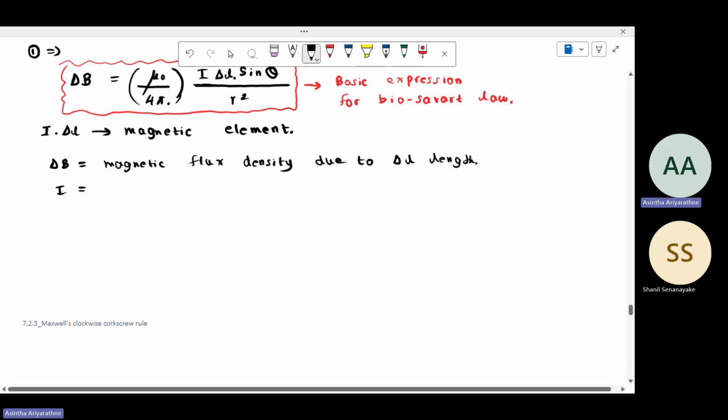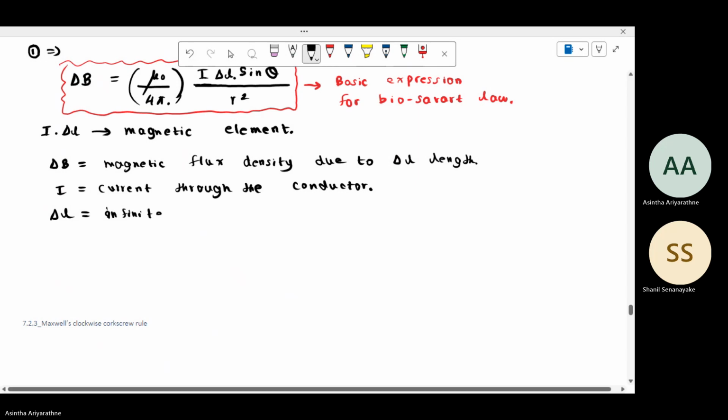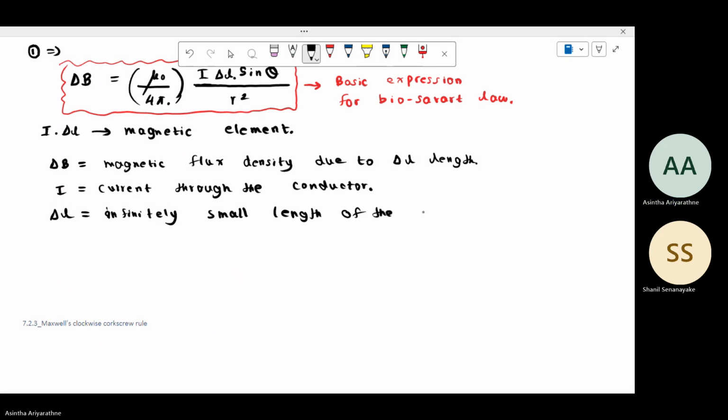I is the current through the conductor. Delta L is the infinitely small length of the conductor.